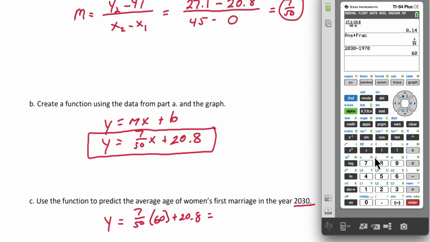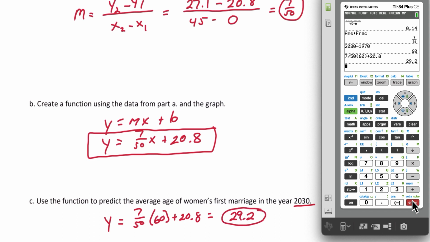Let's see what this gives us. 7 divided by 50 times 60 plus 20.8. We get 29.2. So this is the average age of women's first marriage in the year 2030.